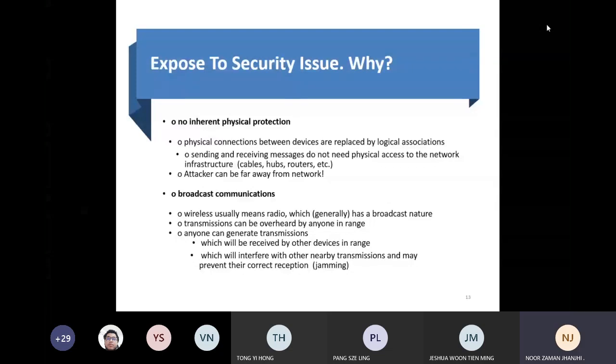Generally, they are broadcast in nature, not point to point, generally meaning the majority of it. So the transmission can be overheard by anyone in range. While you are using your wireless network, within the coverage range, anybody else can also hear your communication of data.